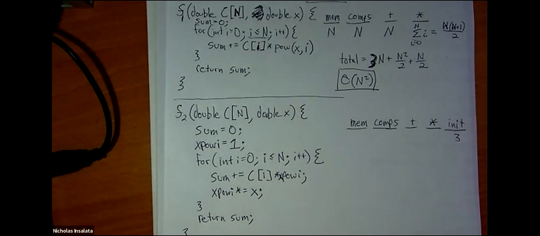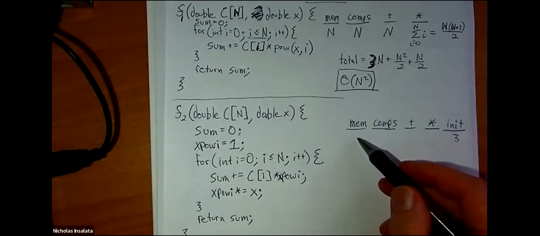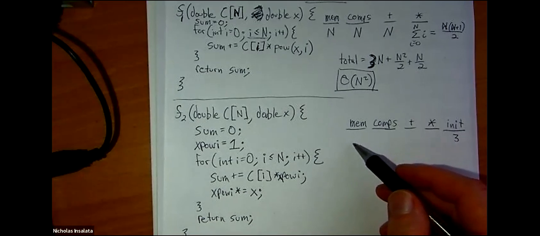So let's go through it one more time. So our memory accesses, how many operations of that are we going to need? That's right, Sean. It wouldn't change the big O anyway. That's true. Yeah. So how many memory accesses do we need?